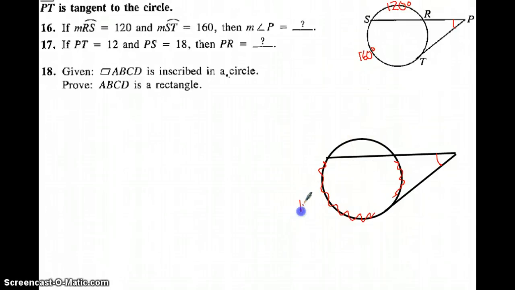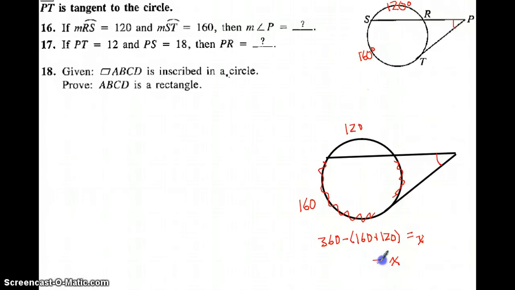But the problem is I don't know what the one is in here. But since this is 120, I know the rest of the circle other than this. All this stuff has to add up to 360. So 360 minus the stuff I know is the thing I'm looking for. And that tells me what it is. Well, if this is 160, this is 200, it'd have to be 80.